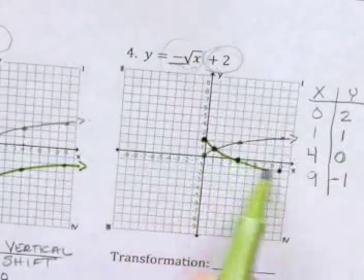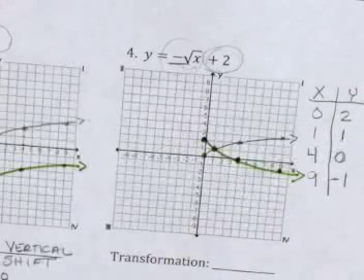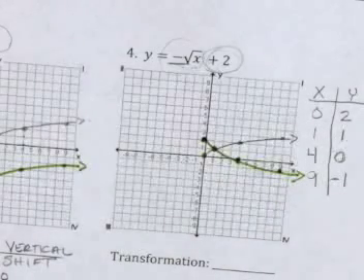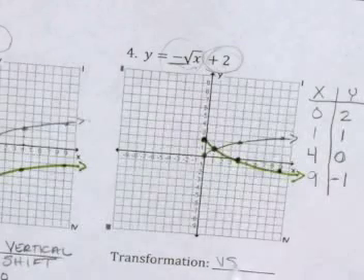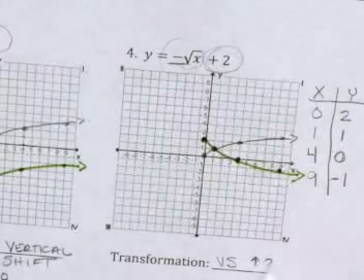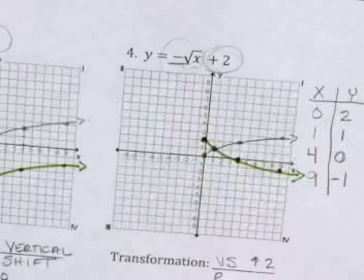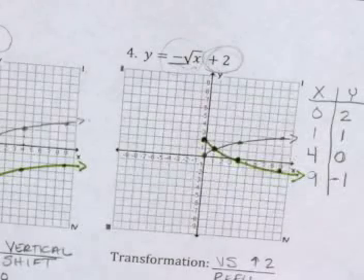So what you see is a shift in the parent function and also a reflection. So the transformation here has been a vertical shift up 2, but also a reflection over the x-axis.